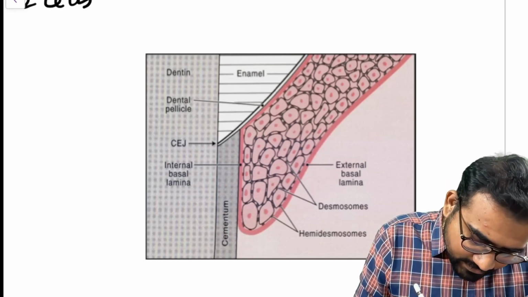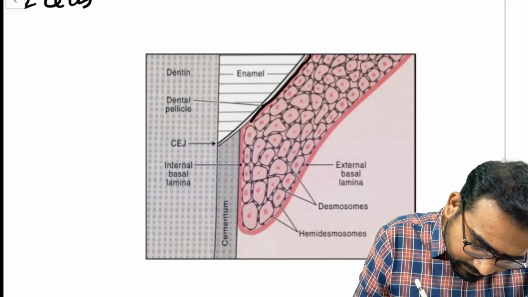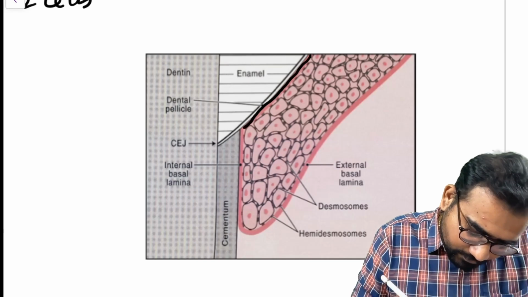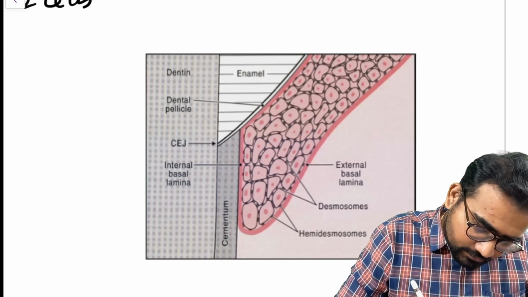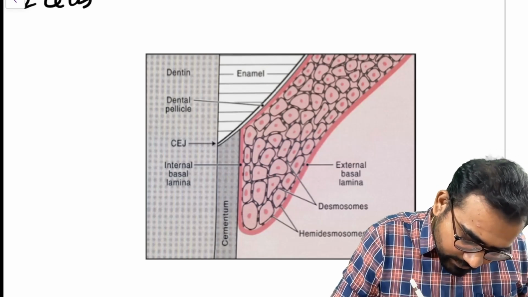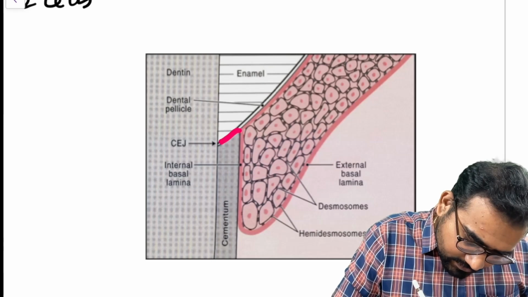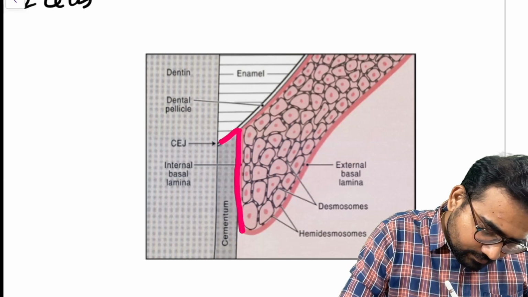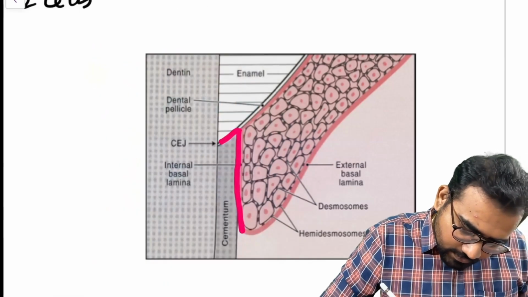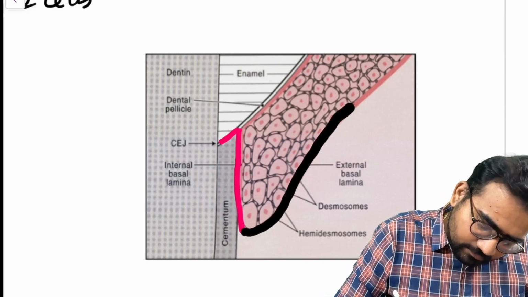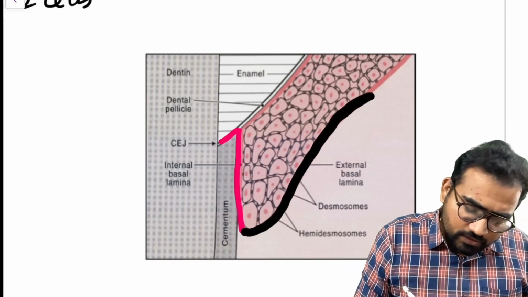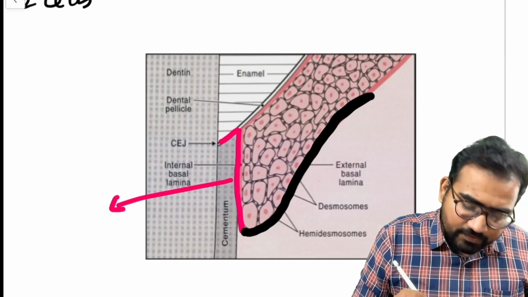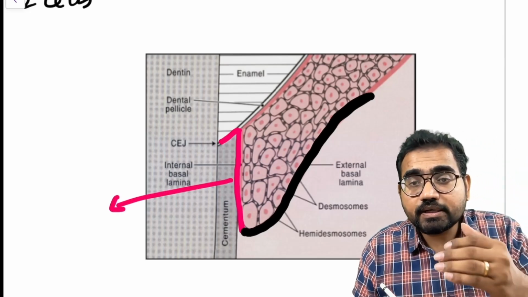So this is one basal lamina. This is your CEJ. This is one basal lamina, and this is another basal lamina. This one is called the internal basal lamina.